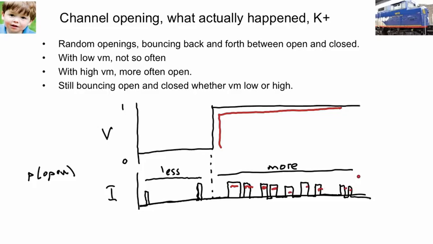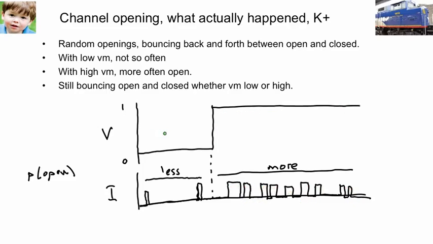We saw pulses, but there were more of them. They just happened more frequently. But on the other hand, they still went down to 0 each time. So here is the interpretation of what happens, as now understood retrospectively.